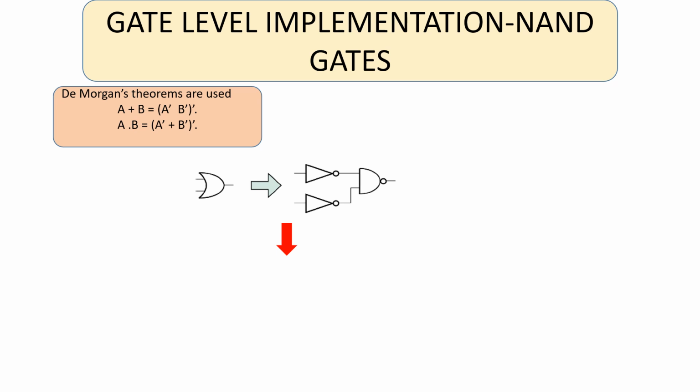So take a NAND; inputs to the NAND should be A bar, B bar. So both the figures are the same. An OR can be constructed as a NAND gate with a bubble at the output and two bubbles at the input. Similarly, an AND can be constructed as an OR with two bubbles at the input and a bubble at the output.